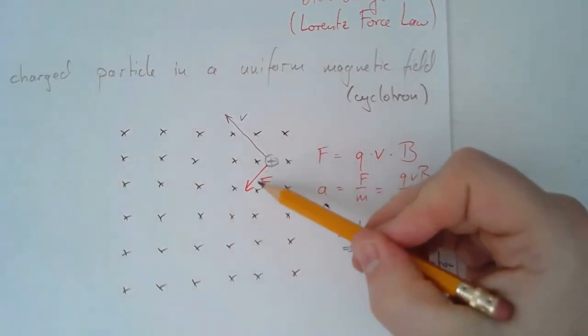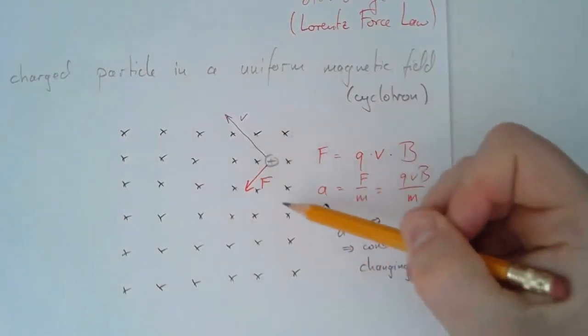To make the acceleration speed up or slow down, it would have to have a forward or backwards component.